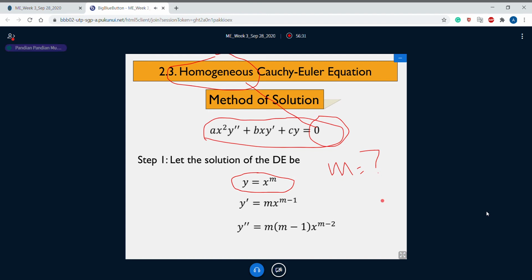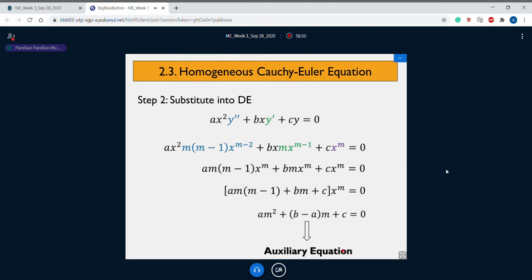So in order to find m, you have to differentiate: y dash is m x to the m minus 1, y double dash is m(m minus 1) x to the m minus 2. You take all this and plug it inside here, y double dash, y dash and y.